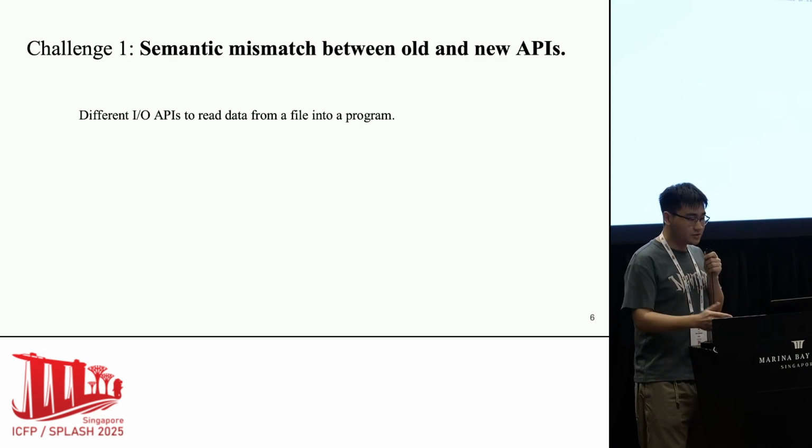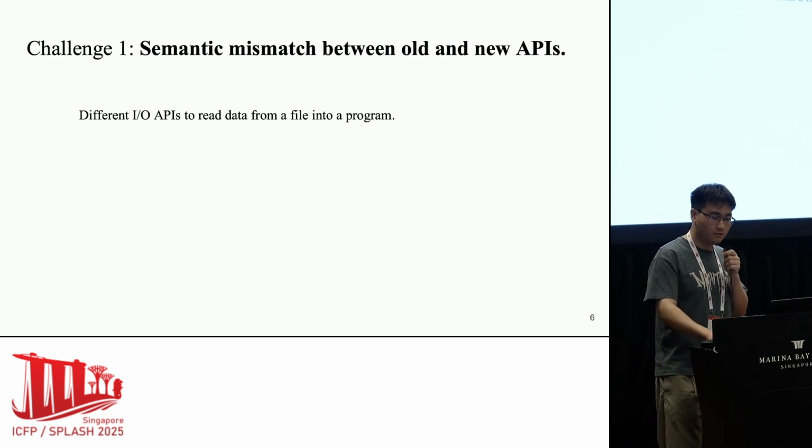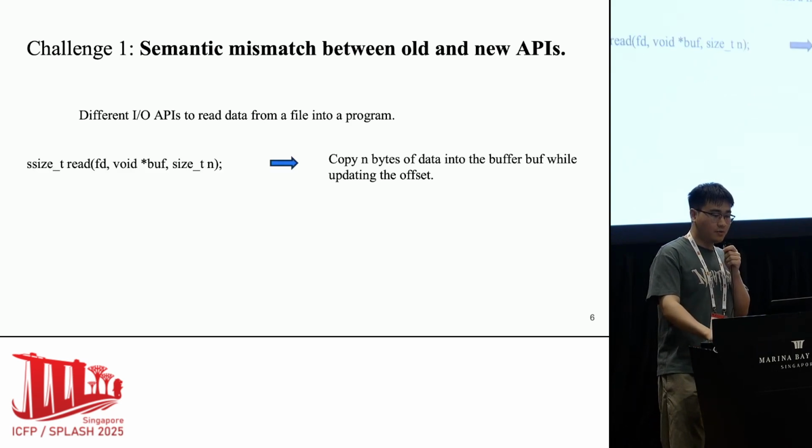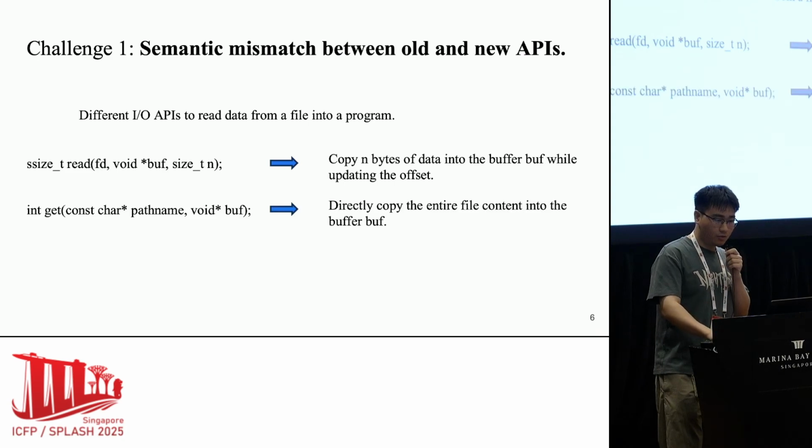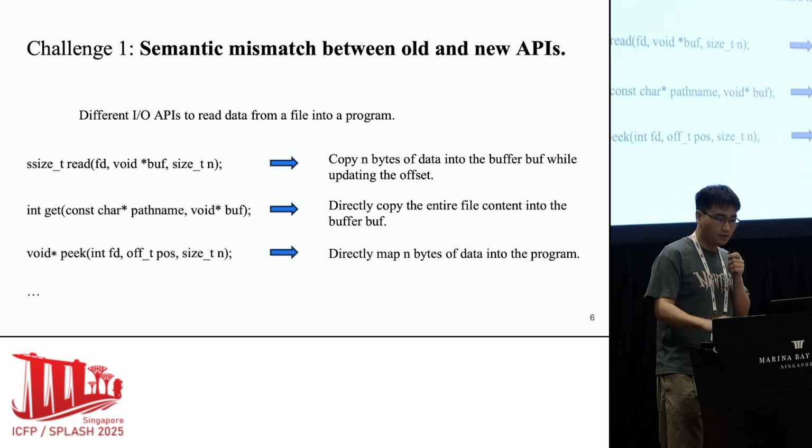The first challenge is the semantic mismatch between different APIs. For example, the read API copies a certain amount of data and updates the file offset. We may want to migrate a program to use the get API, which copies an entire file content. But these two APIs differ.